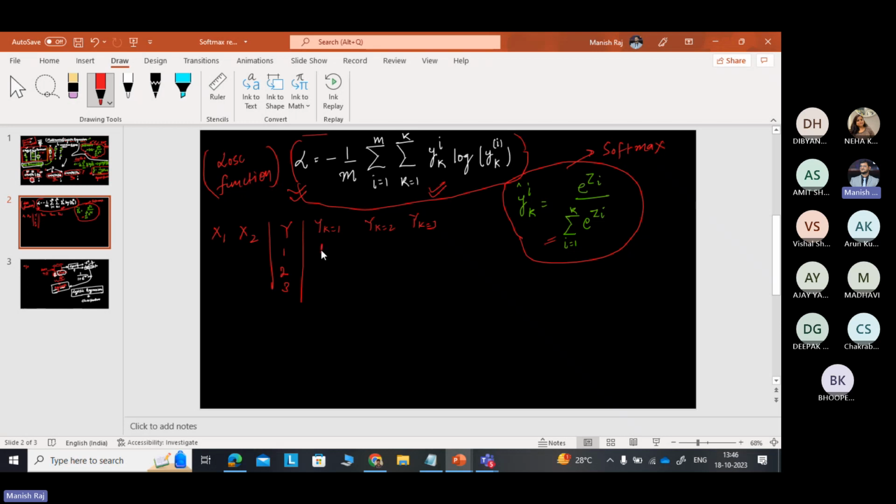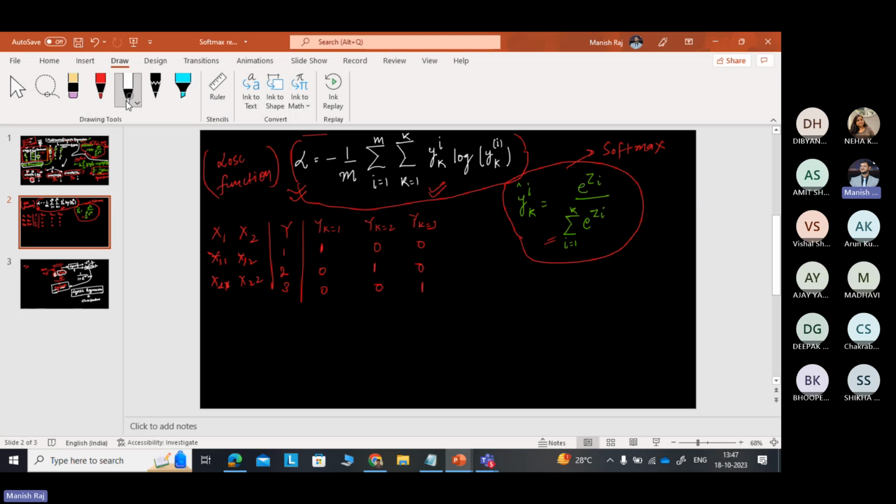So you can say this one is 1 0 0, this is 0 1 0, this is 0 0 1. It will happen, yes or no? Whatever the number inputs, let me randomly assume 1 1, 1 2, 2 1, and 2 2. Whatever is given to you.